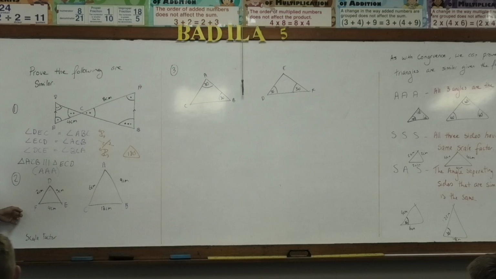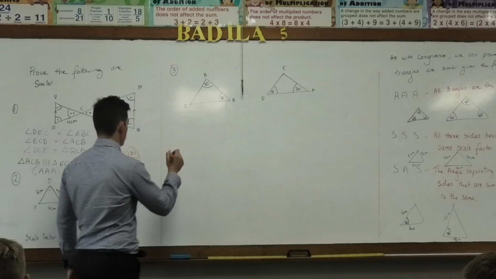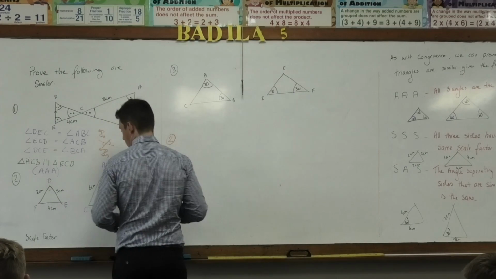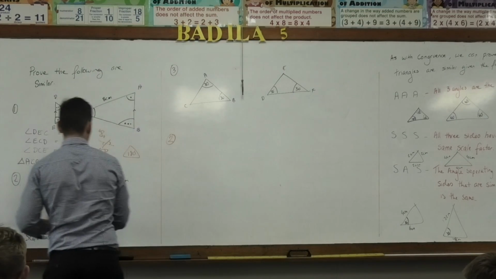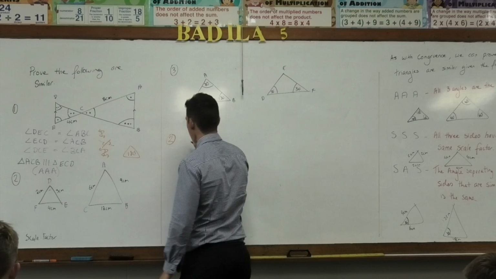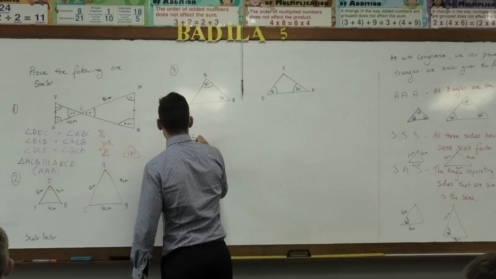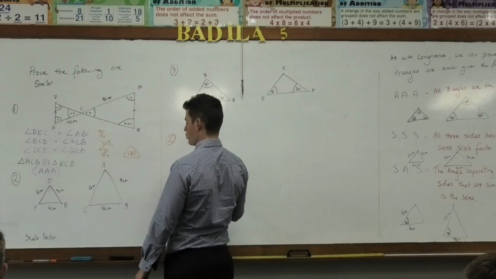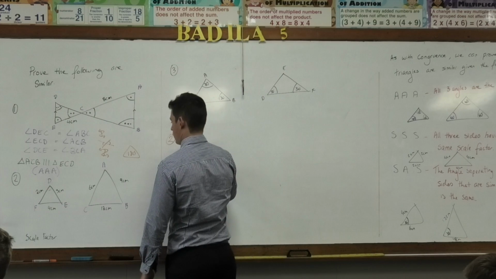So in this one, could we use, what's the proof we probably should be using? Side, side, side. Can we find out the scale factor straight away? Yes. I'll give you the first line of working for this one, then I'll get us going. I might answer 2 over here because I'm very short on room. So question 2's answer's going over here. My first line of working is that AC over, what side corresponds to that?